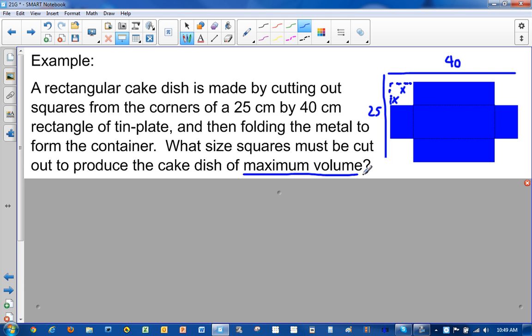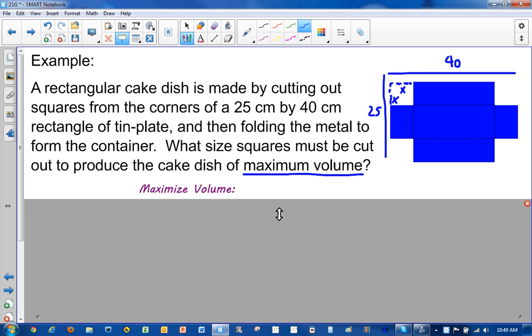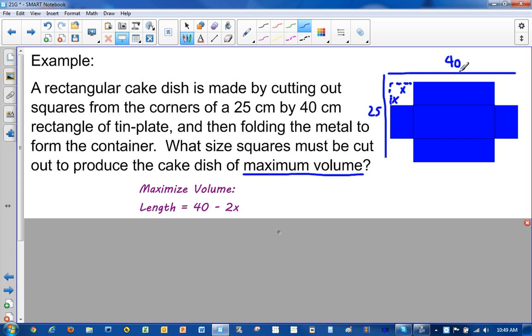So whatever I'm trying to maximize, that's going to be my equation. And so since I'm maximizing volume, I need to find an equation that represents the volume of this box. All right? So if you look at the length of this box, well, we started out with 40, and then we cut x off of each side. So we actually cut off 2 x's. So my length is 40 minus 2x.